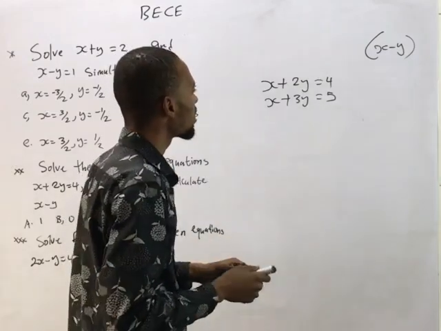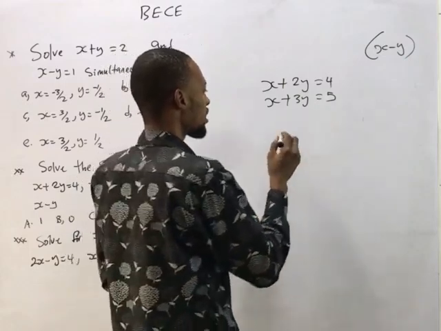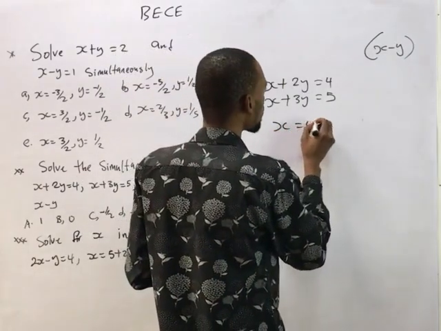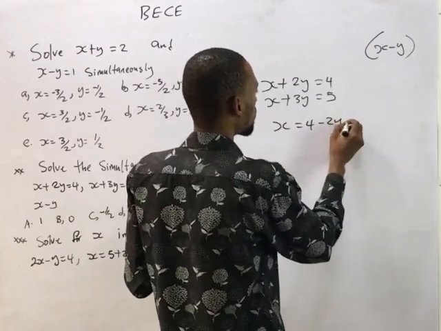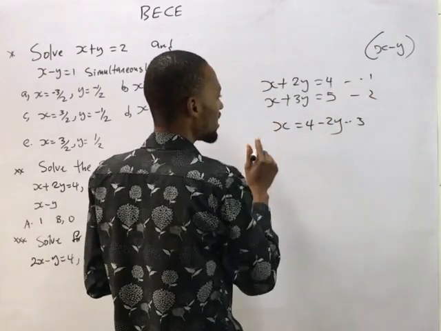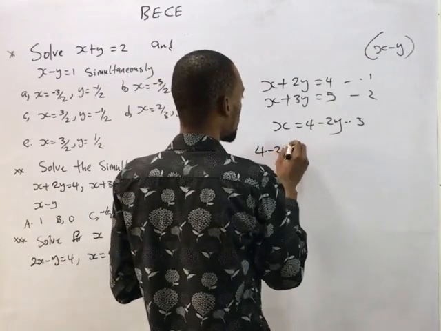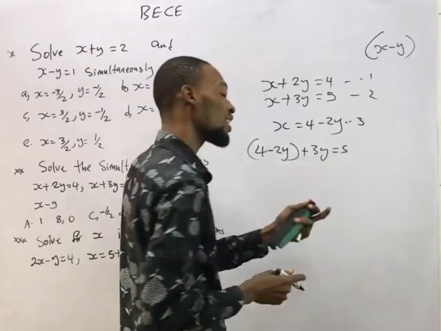So to do that, if I'm solving this question using substitution method, I will just say s is equals 4 minus 2y, equation 3, from 1. So putting that here, 4 minus 2y plus 3y is equals 5. Don't ask me why.